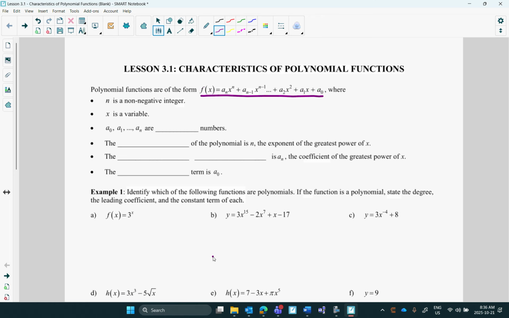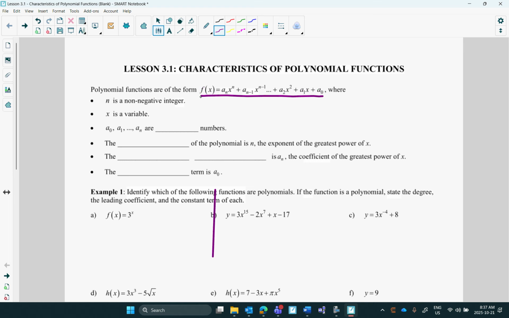And what makes it polynomial is the numbers in front of the variables, or the coefficients, have to be real numbers, which is essentially, for your purposes, any number. And the exponents have to be whole numbers. We can't have negative exponents or any fractions. Okay?